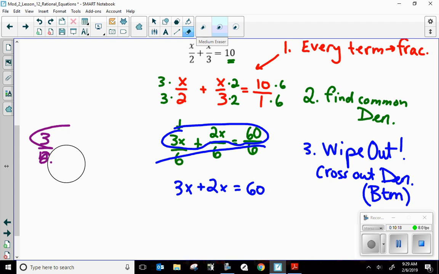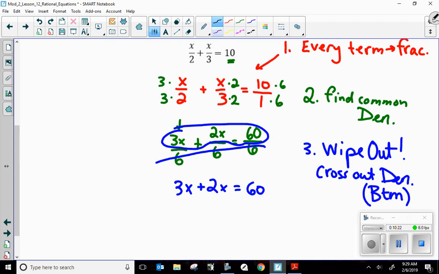Okay? So now let's pick this up and solve. Now it is a basic problem. Getting from this point to this point, that's the hard work. From this point on, that's the easy stuff. This is middle school, probably upper elementary at this point with Common Core, the way they push things down.